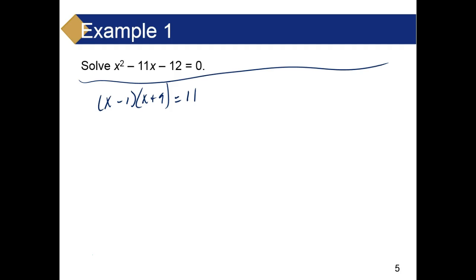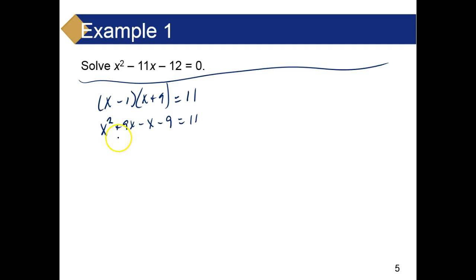What you need to do to the left-hand side is FOIL it and get it back together again, and that would give you x squared plus 9x minus x minus 9 equals 11.